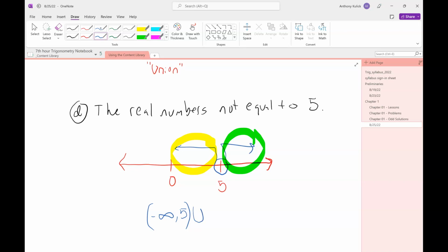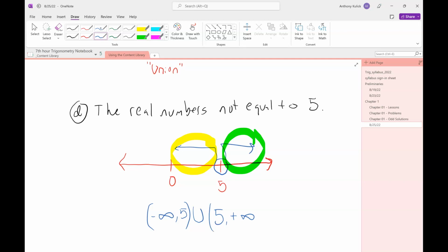Then we're going to have that union symbol. And then the green, the lower bound is 5. The upper bound is positive infinity. You could just write regular infinity, though that's fine too. I always like to put the positives on. Does the 5 get a parenthesis or bracket?